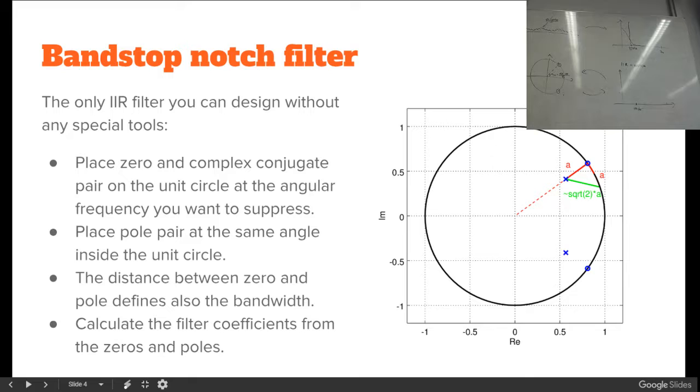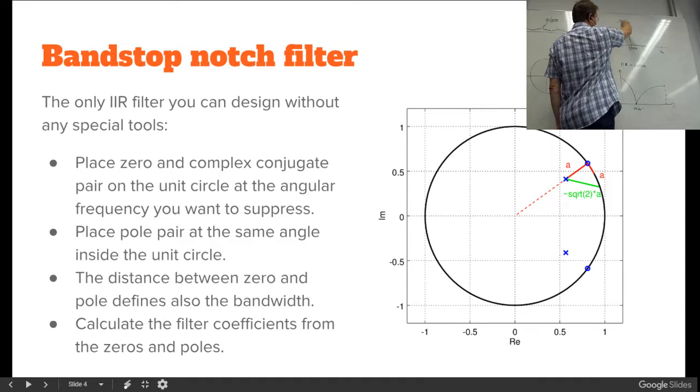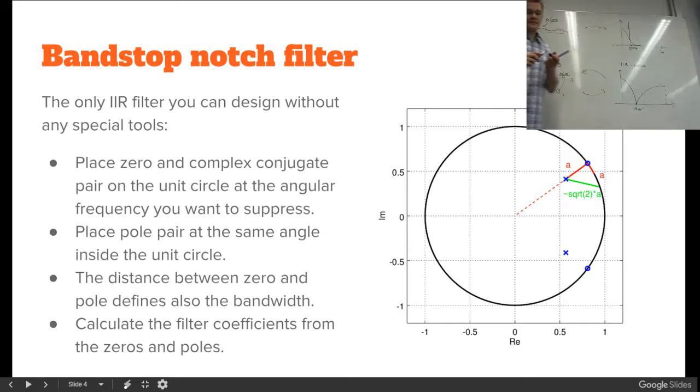If you do the spectrum calculation out of that one, you will get performance like this one. It already takes care of that notch, but on the other hand, it also starts distorting the data. What we can do is add a compensating pole on the same angle at a certain distance. So this one would bring us some gain at the same angle.